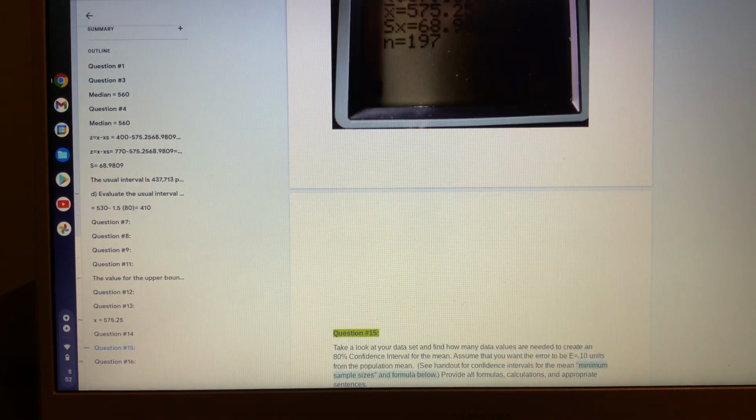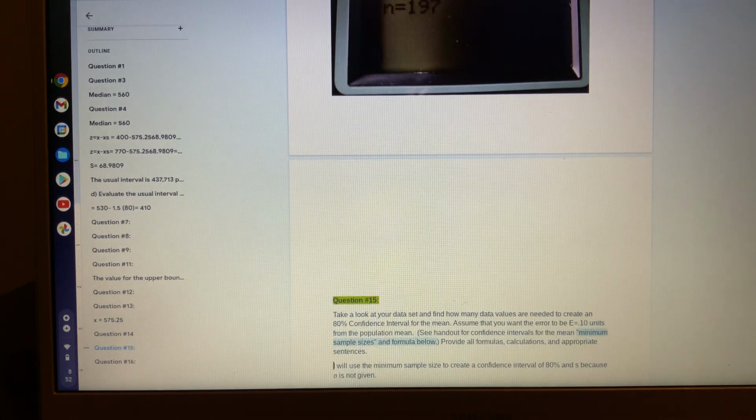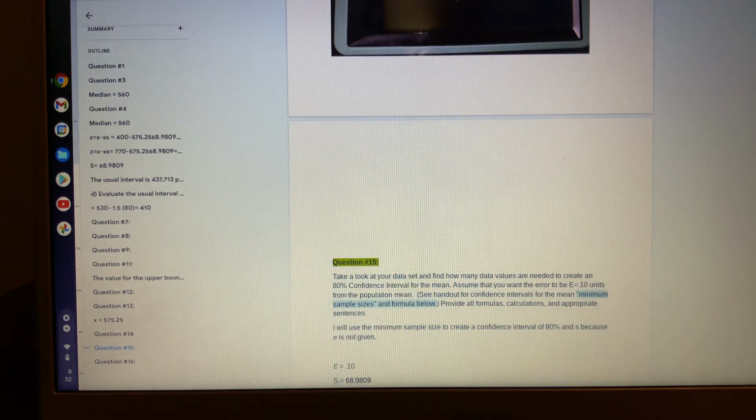Once I continued on, 15 asked me to create another confidence interval, this time with 80% for the mean, and it also provided the error to be E equals 0.10 units from the population mean.